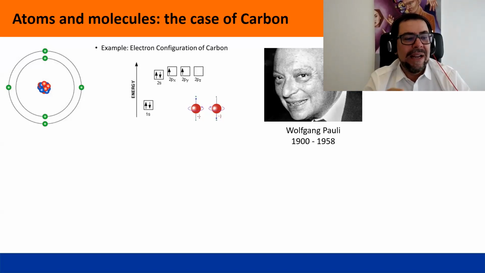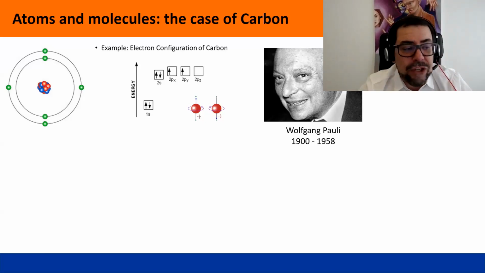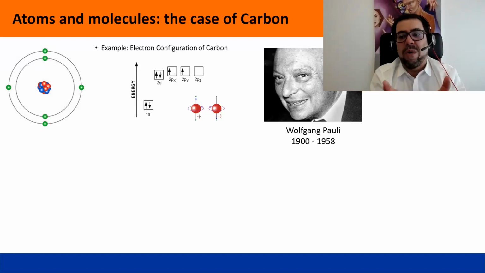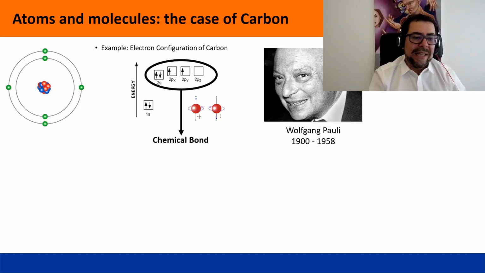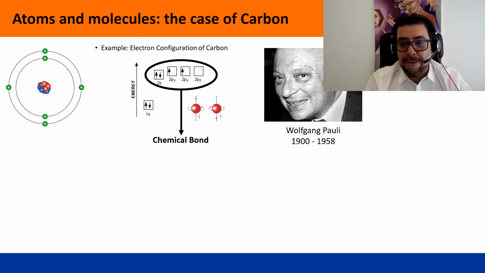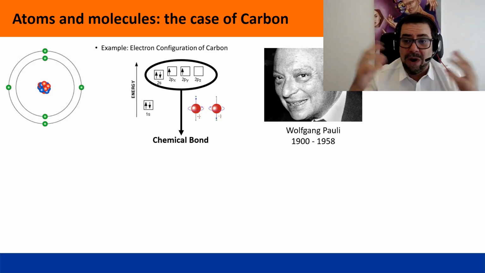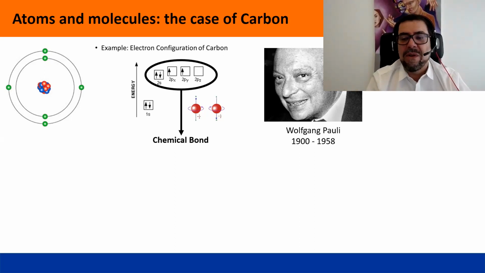So essentially, you have 8 states available there, but you have 4 electrons in the outer shell of carbon. And it's essentially these electrons which are responsible for the binding of carbon, the way carbon binds to other elements, the way carbon binds to carbon itself.